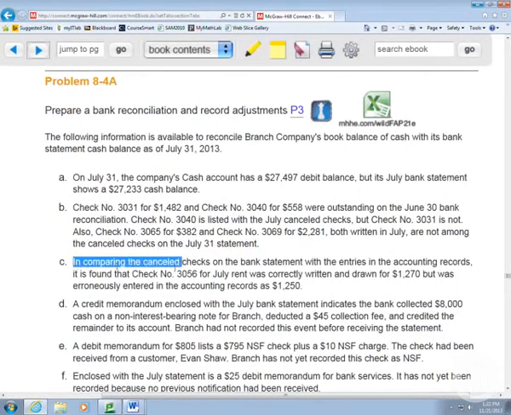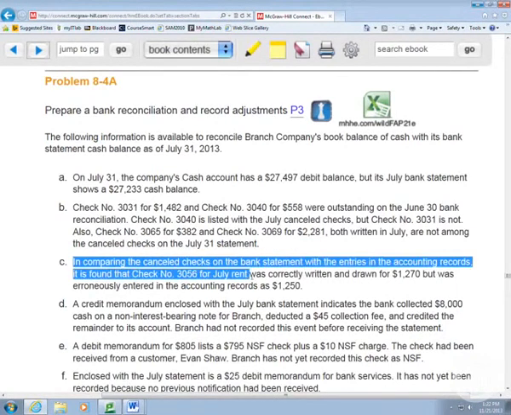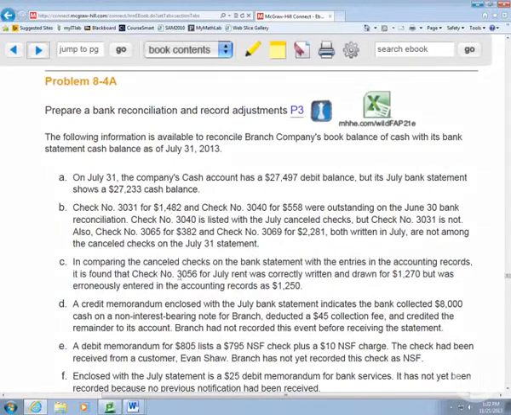In comparing the canceled checks on the bank statement with the entries in the accounting record, it's found that check number 3056 for July rent was correctly written and drawn for $12.70, but was erroneously entered into the accounting system for $12.50. So we used check number 3056 to pay the July rent.